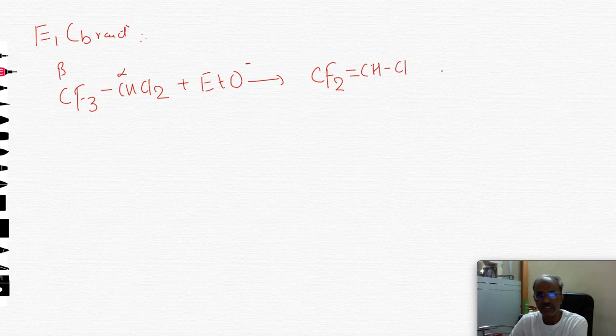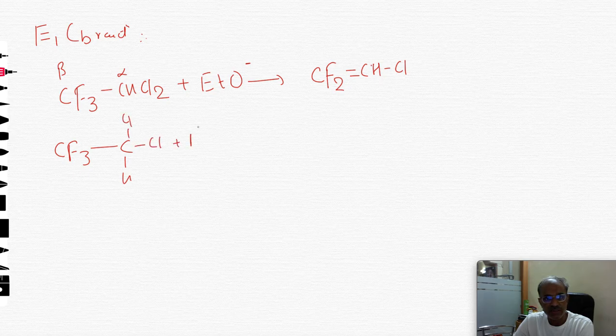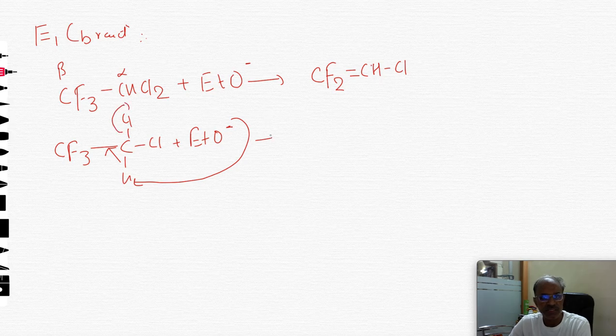So how will this reaction go? CF3 dash C, this is H, this is Cl, this is Cl, now plus ethoxide. Once it goes here, then this will go. So the first step gives CF3C with Cl, Cl and a minus charge.